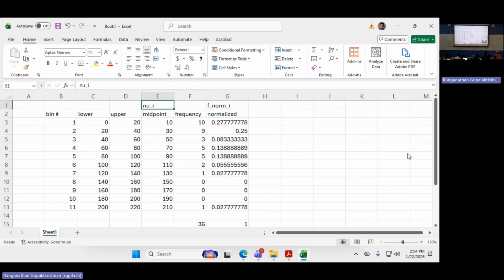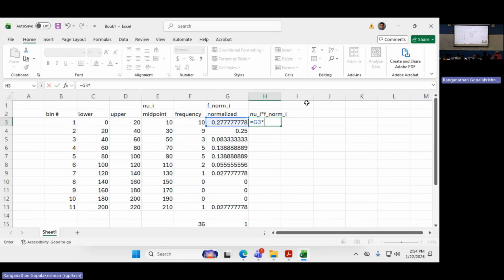Can you see this better now? So let's multiply nu i times f normalized of i, which means I need to multiply this column with the midpoint.